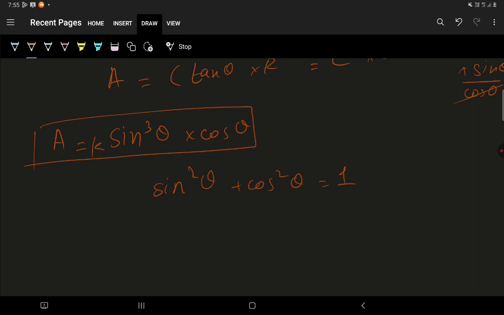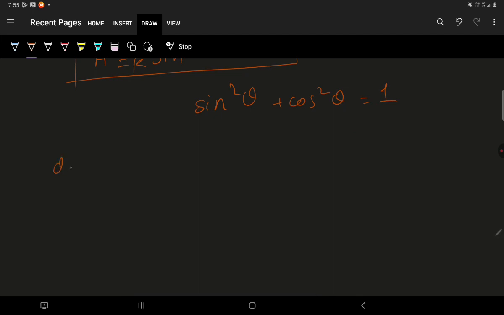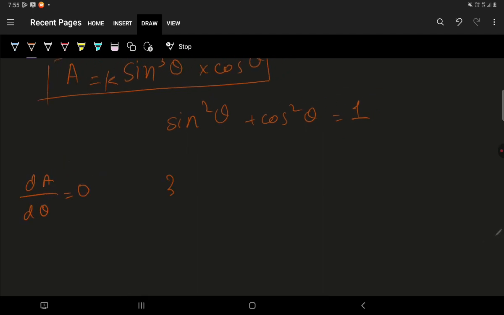The first method is basic differentiation. Just put dA by d theta equal to 0. You will get 3 sine square theta cos square theta minus sine cube theta into sine theta is equal to 0. From here you will get tan square theta is equal to 3, or tan theta is equal to plus minus root 3.